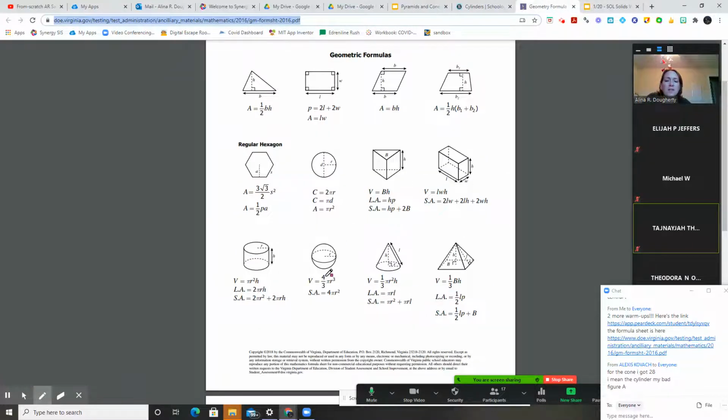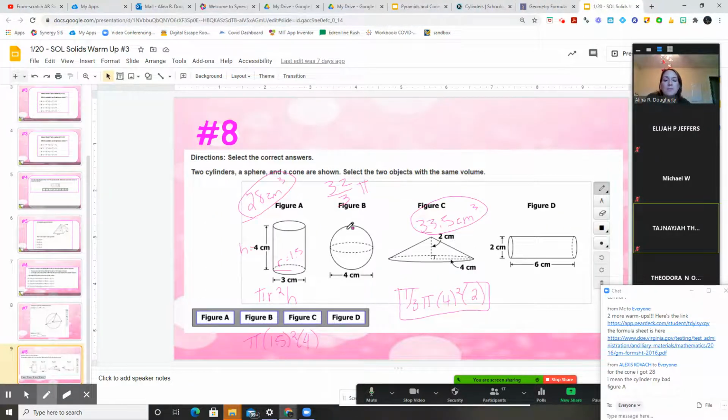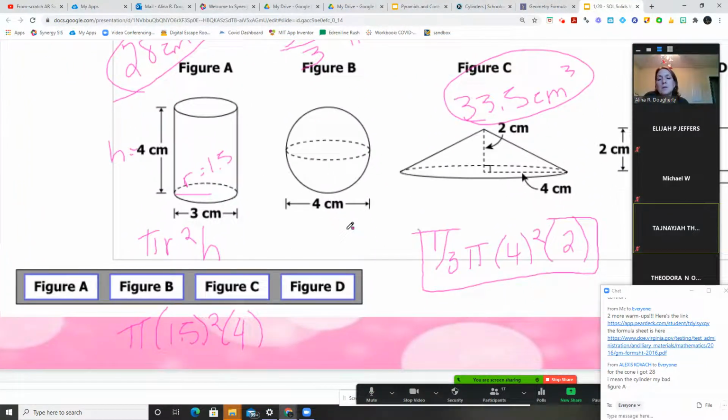Volume of a sphere is 4/3 pi r cubed. All of this is in the numerator with the 4. The 3 is the only thing being divided. So when you put that in the calculator, you're going to do 4/3 and get 1.33, and then multiply by pi. And then here, the radius is going to be 2, right? So 2 cubed.